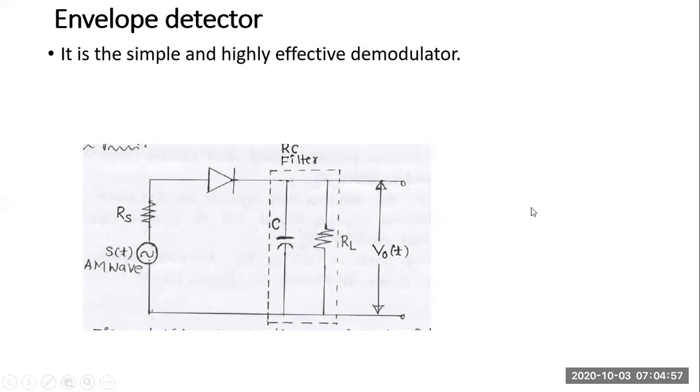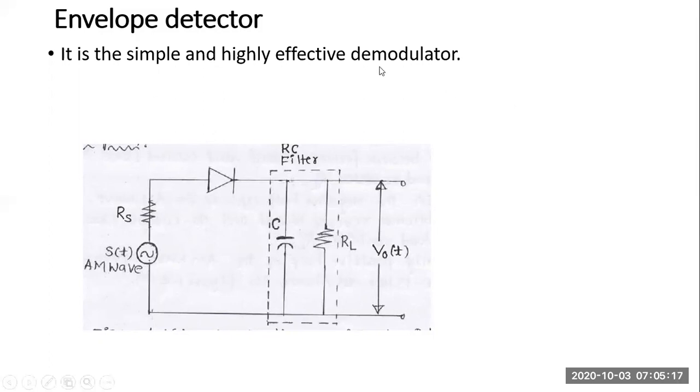This envelope detector is a very simple and highly effective demodulator. Even in equipment like TV, they used to use the envelope detector only for detection of sound. In television, they used to transmit sound using AM waves.